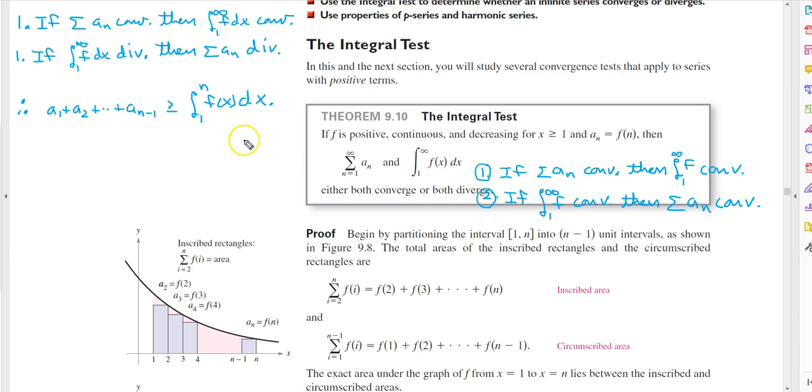That's what we just reasoned in that graphic. If you want to see that again, just rewind the video and take a look at that again. Now, what we have here would be our nth partial sum here, or n minus 1 partial sum. And so we see that that is bigger than or equal to this quantity.